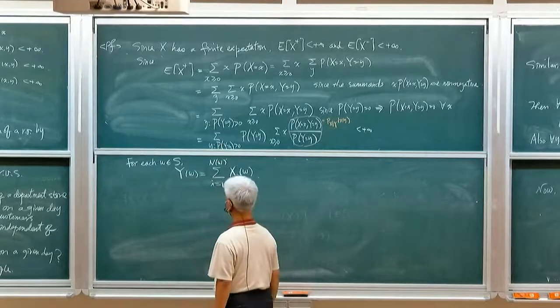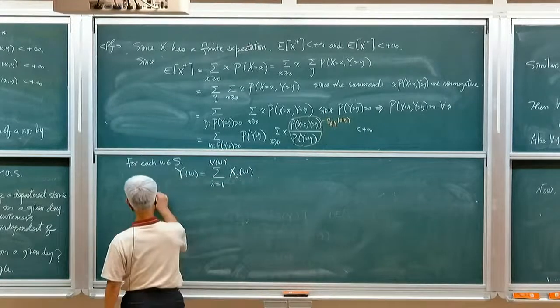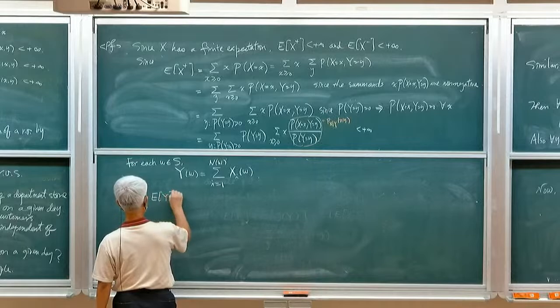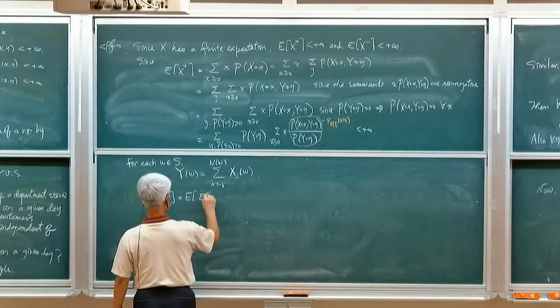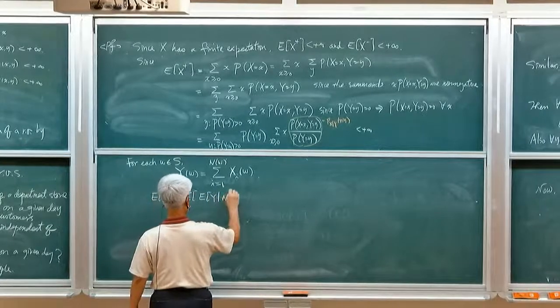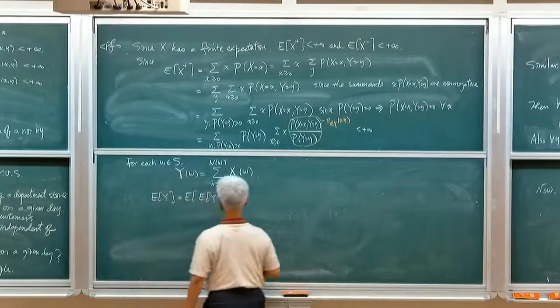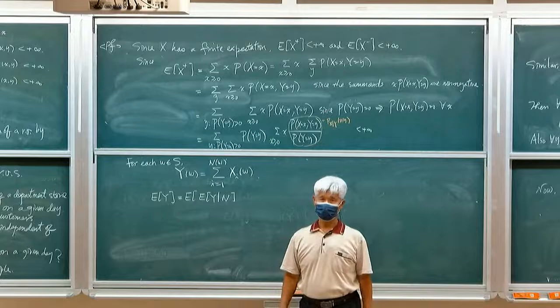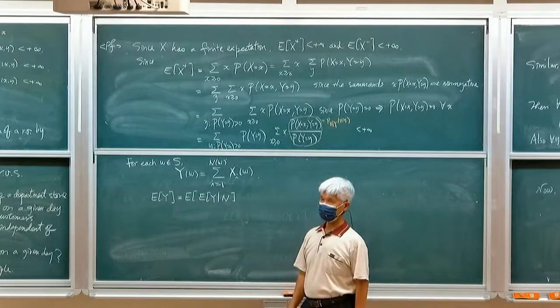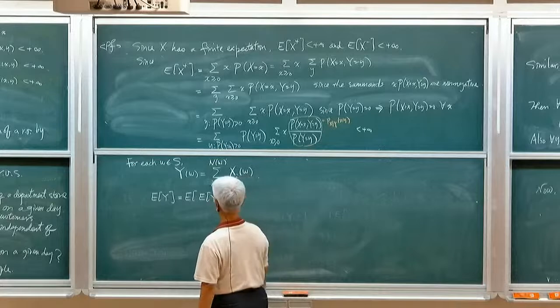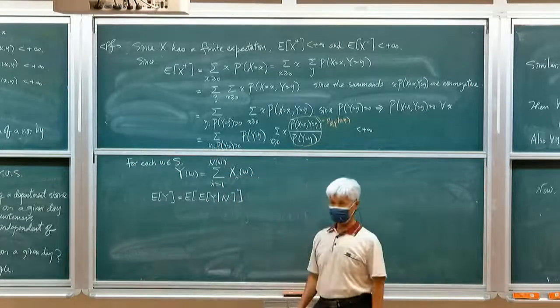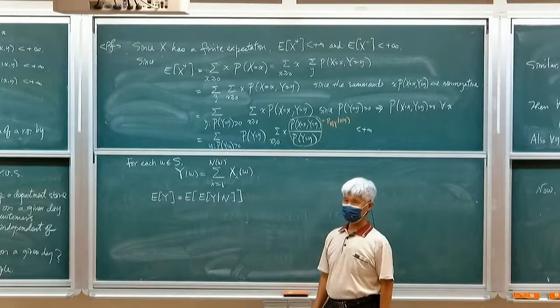Okay. So to find the expectation of Y, we will find the expectation of Y given the number of customers, capital N, entering the department store. So we want to use this identity.